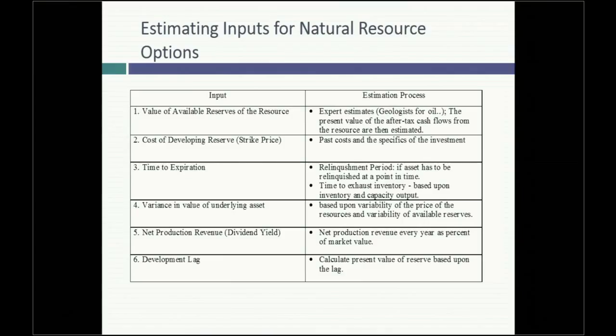So let's think about getting the inputs you would need to actually value this for a natural resource company. First, let's make this an oil company, so we can talk about one type of natural resource company. It's an undeveloped reserve. First number I need is the value of the reserves you have in that undeveloped reserve. How do oil companies come up with this?